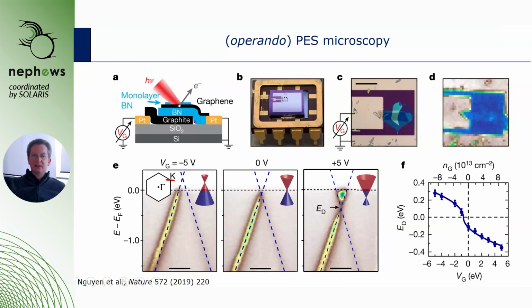And the entire thing is set up in a way that you can actually gate the graphene, like in a field effect transistor. And it is then possible to see how the energy levels close to the Dirac point of graphene can be depleted, or whether you can actually n-type dope your sample depending on the bias that you put on your gate. So this would be the playing around of photoemission microscopy in the electronic sense.